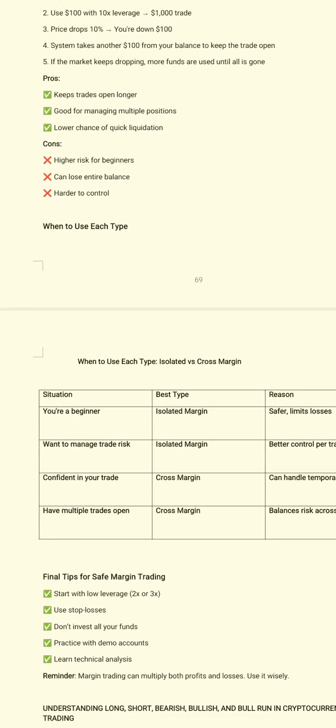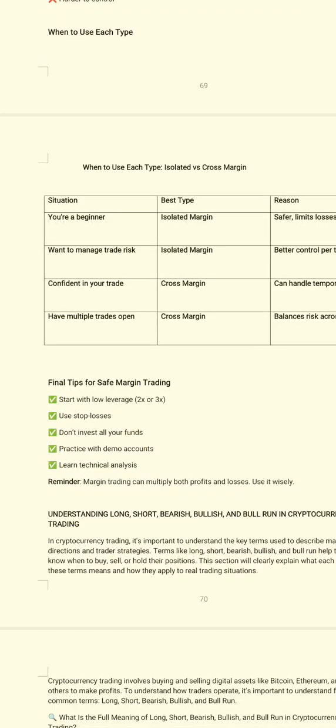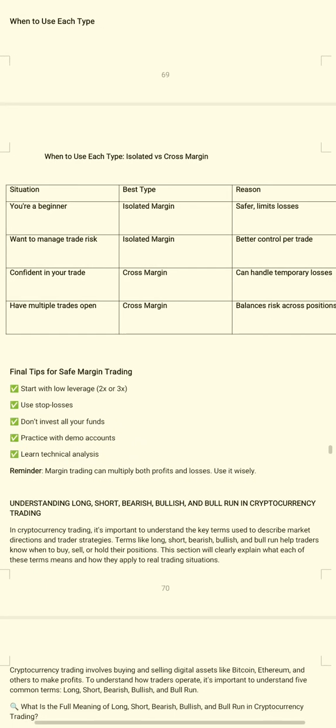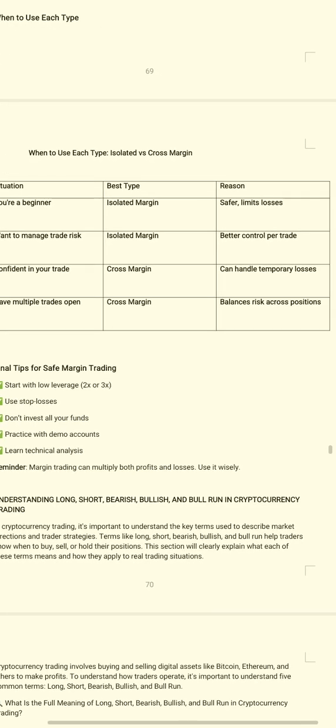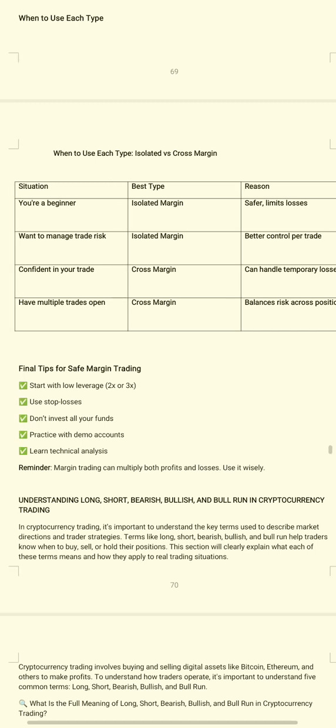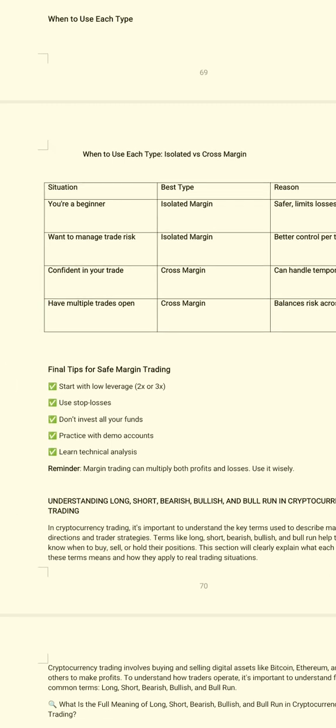Now let us check when to use them. If you are a beginner, you can use isolated margin, because it's safe and limits losses. But if you are an expert, there's no need. You can use cross.